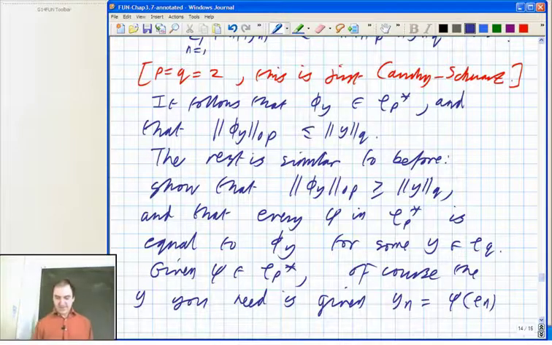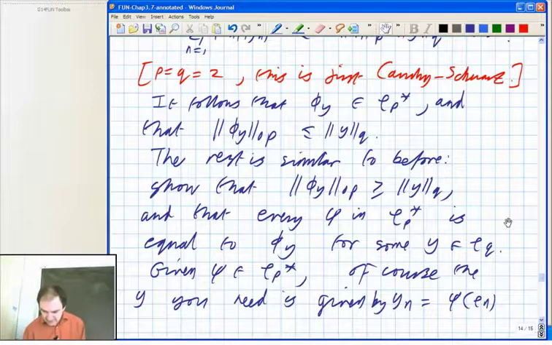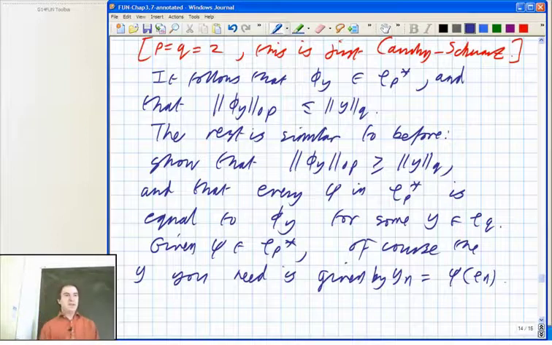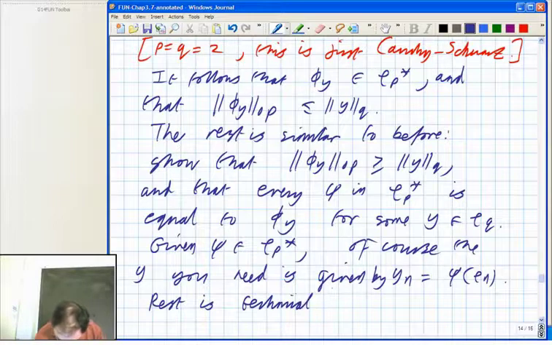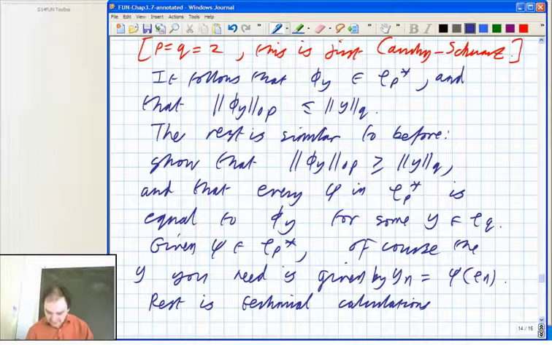So you look at psi of en, that gives you yn. And the rest is lots of little technical calculations using Hölder's inequality. Not very difficult, but just a bit beyond what we're going to do.